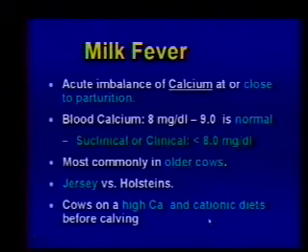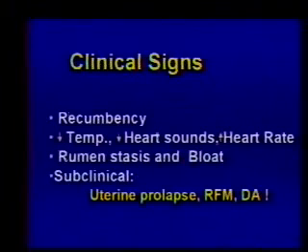And what this does is predispose the cow to an alkaline status, more of an alkalosis. This alkalotic condition suppresses the upregulation of the receptors for the parathyroid hormone and vitamin D.